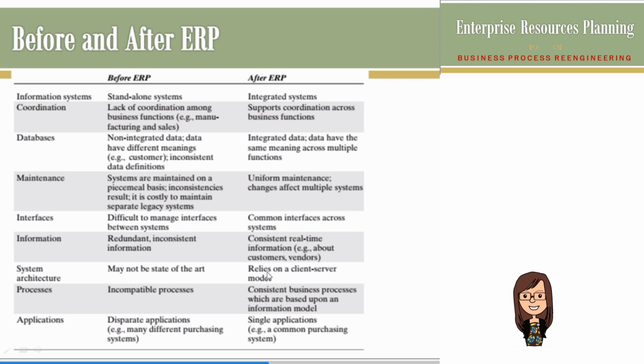But when we talk about business process reengineering, we cannot say that I only do the BPR for the sales department, or only for the finance, but the warehouse stays the same. No, we cannot do that, because business process reengineering is about the whole business process in the company.